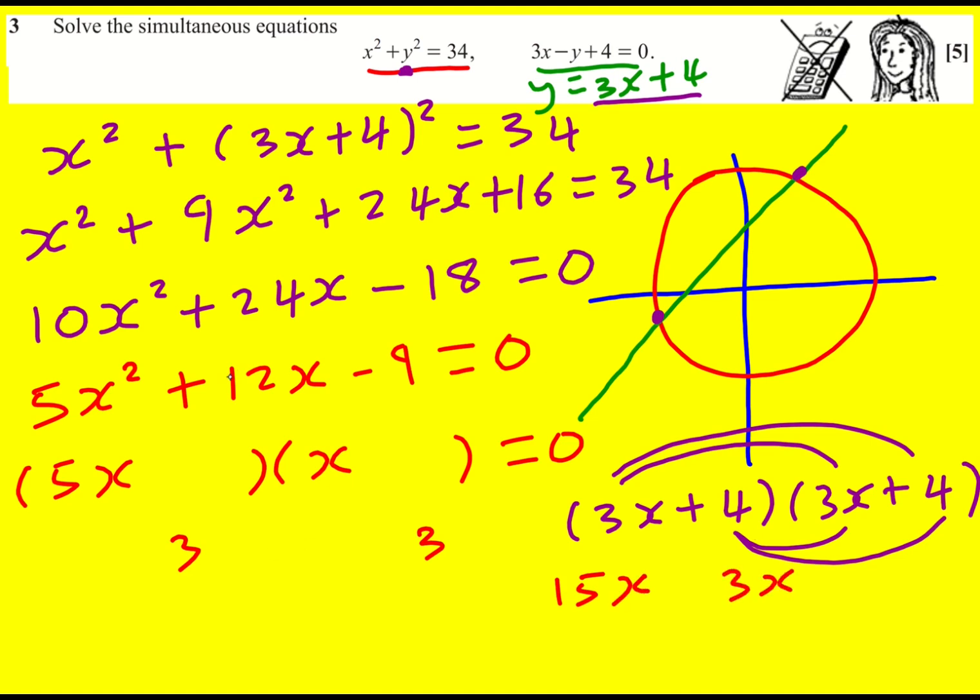So it's going to be possible to get 12x if I stick a minus there, which means I need to make this one minus 3 and this one plus 3. And you can see they multiply to give minus 9 and add to give 12. If that hadn't worked, then I'd have to try 9 and 1, and then 1 and 9, and then I would have exhausted all possibilities.